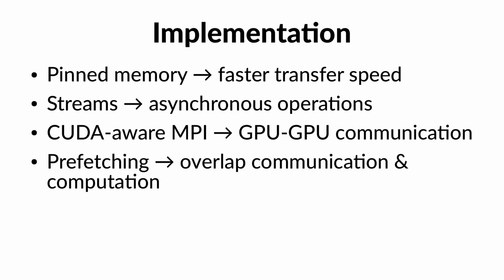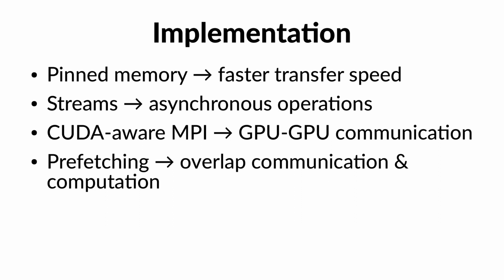And that's because otherwise, if you don't use pinned memory but pageable memory, an extra operation needs to be done when copying, and this reduces the transfer speed. Then the next point is using streams, which is very useful to have asynchronous operations, so to be able to overlap things. Then we also use CUDA-aware MPI to enable GPU-GPU communication, and also some prefetching of data in order to overlap the communication from the CPU to the GPU, and also computation.